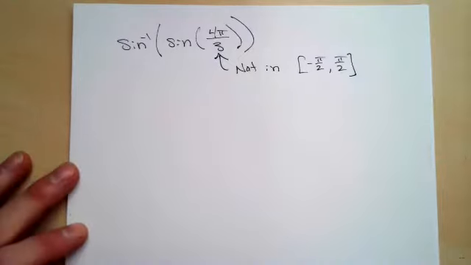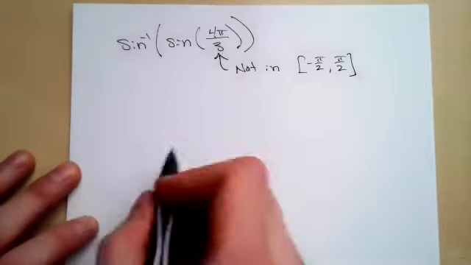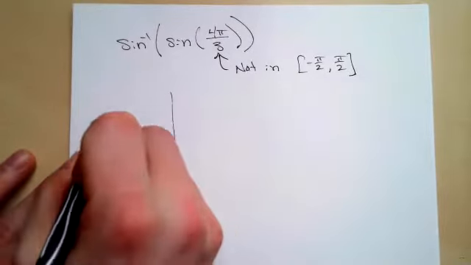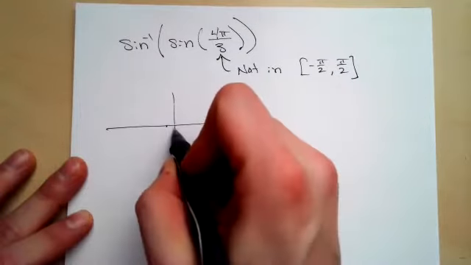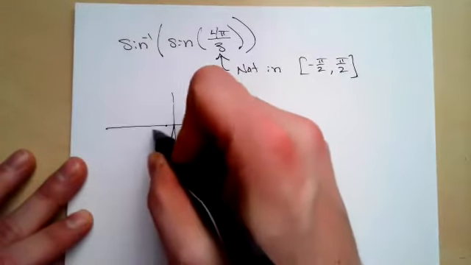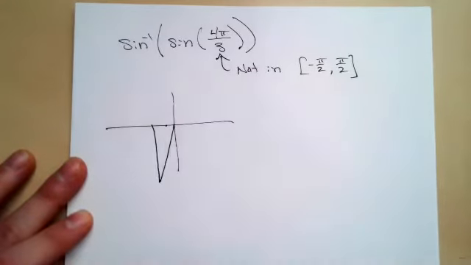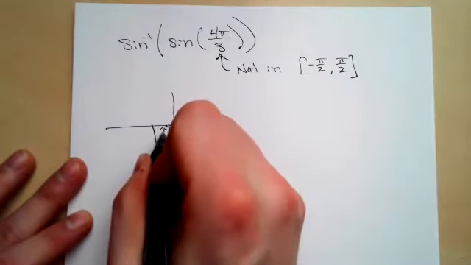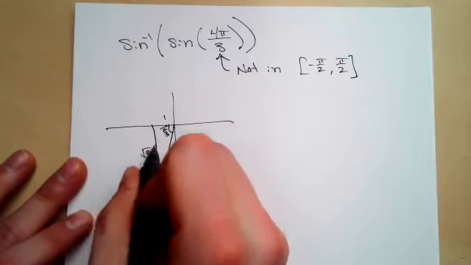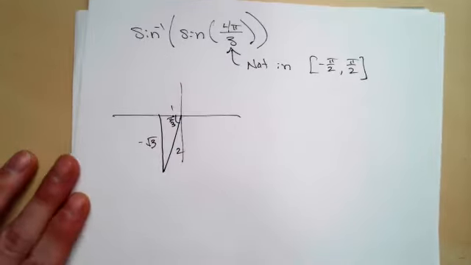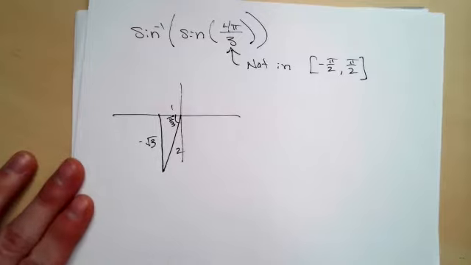So how do we evaluate something like this? Well, sine of 4 pi over 3, we know how to evaluate. So 4 pi over 3 is 3 pi over 3 plus 1 more pi over 3. And so our ratio is 1, 2, and square root of 3. The square root of 3 is going to be negative since we're in the negative y direction. The 1 is also going to be negative.